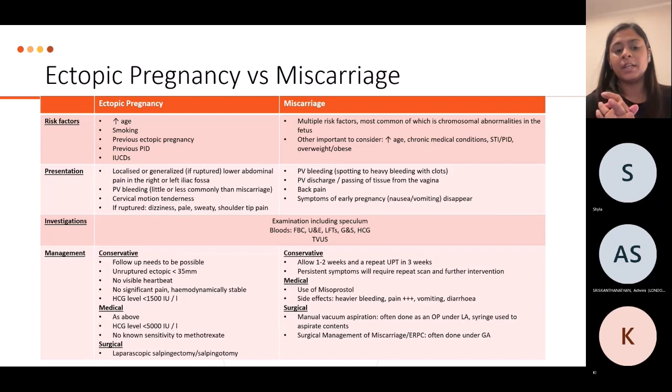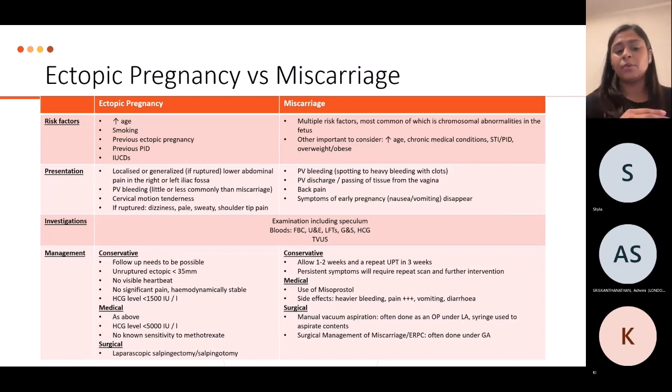It needs to be an ectopic that's less than 35 millimeters in size and not ruptured. There must not be any evidence of fetal heart activity, and no significant symptoms of the ectopic, so pain or hemodynamic instability. And the HCG level, which is one of the few places where HCG is important, must be less than 1,500.